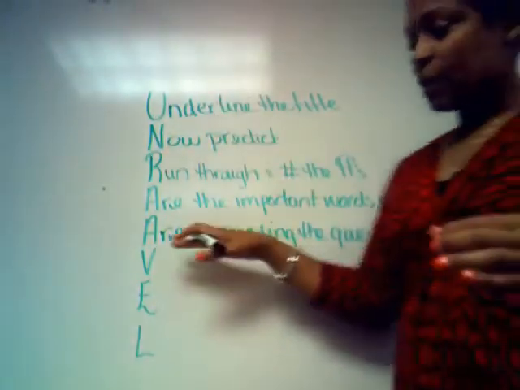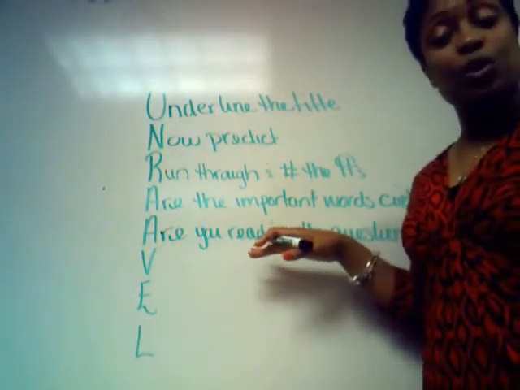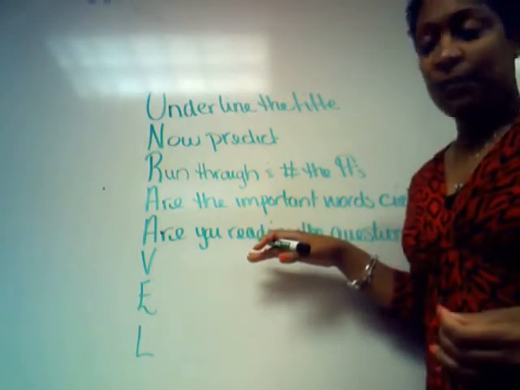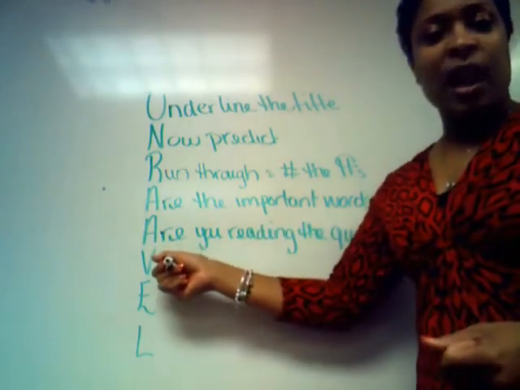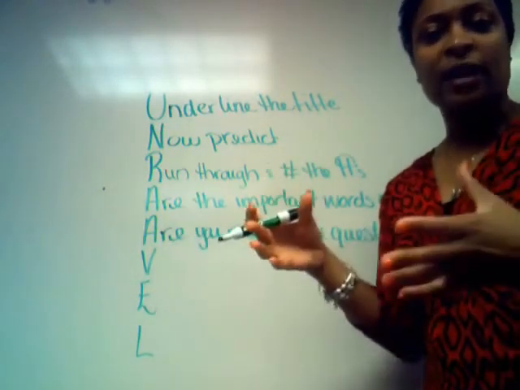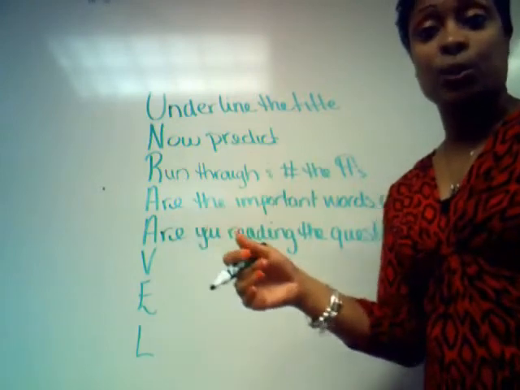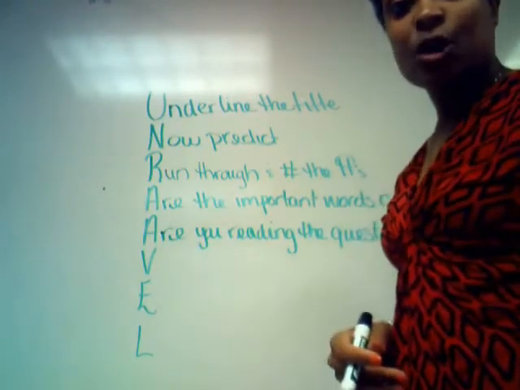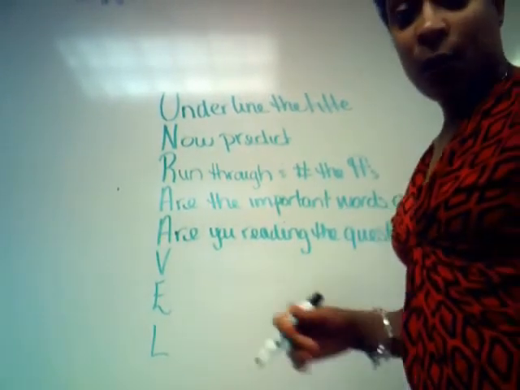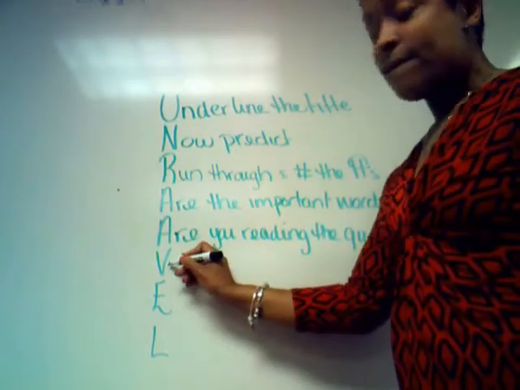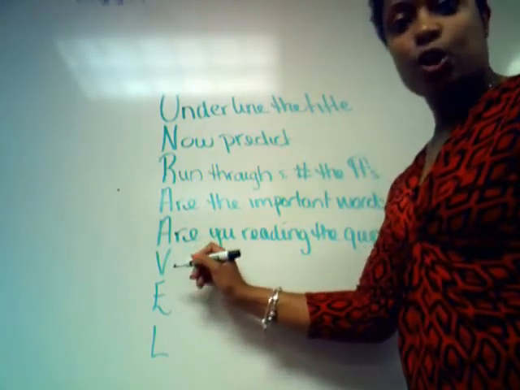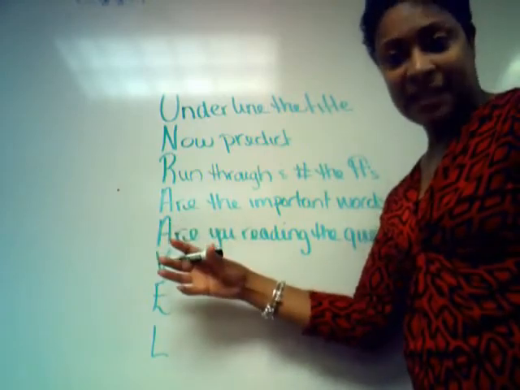Now that we've done all of this, this is what happens during our pre-reading time. Once we get to our V, we are getting ready to delve into the actual text. So now we are going to look at V, which is venture through the text.